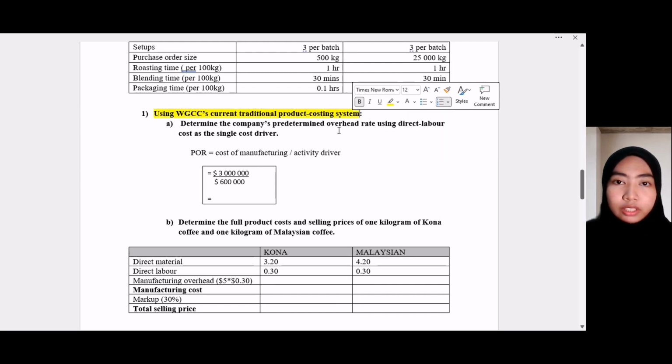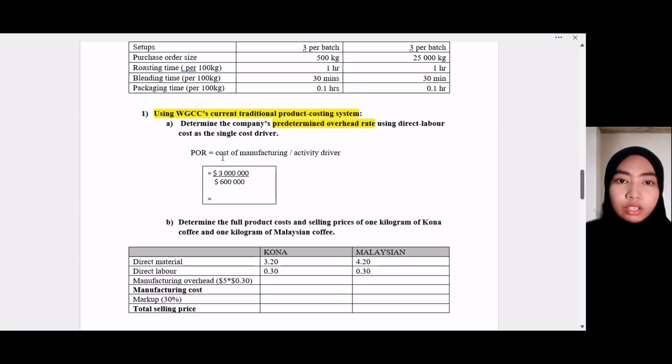To calculate the predetermined overhead rate, we need to use this formula: cost of manufacturing overhead over the activity driver. The activity driver that we will use is the direct labor cost. This is mentioned in the question, so it will be our activity driver.